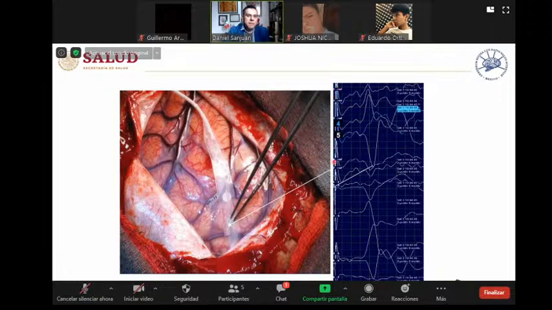This is the 7 contact strip in the referential montage, and the other part is the bipolar montage: one to two contact, two to three, three to four, and also you can see the change of the polarity to identify which is the central sulcus.